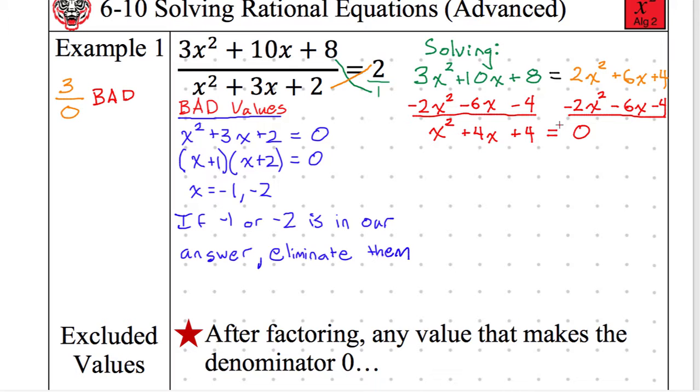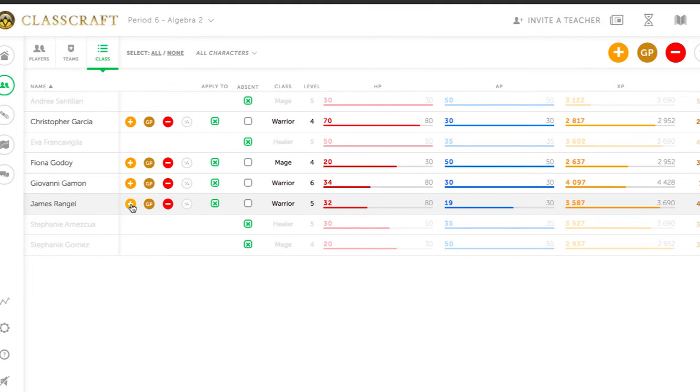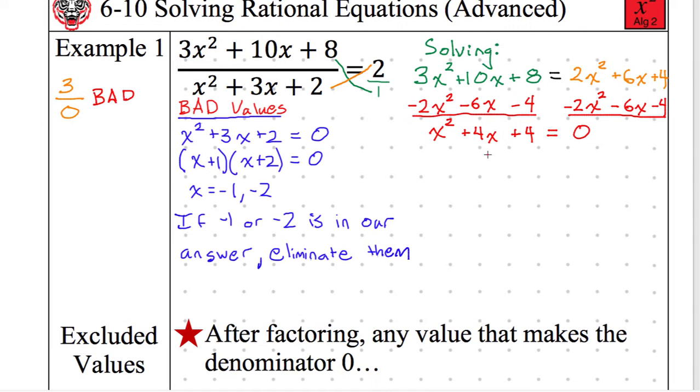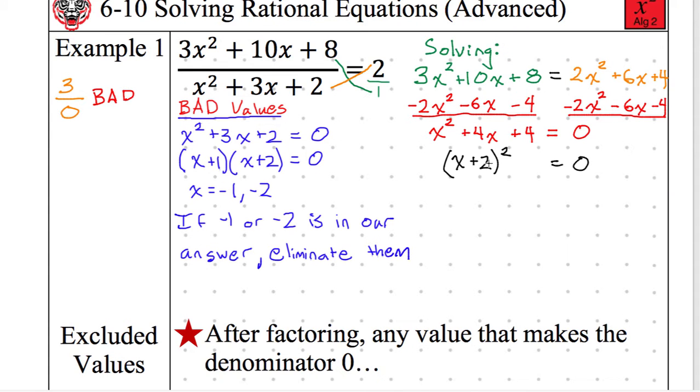All right, James did a lot of heavy lifting. All right, Fiona, you want to factor it for us in your head? There it is. X plus 2, that quantity squared. Or I could have written x plus 2 times x plus 2. Either way is fine. All right, now Fiona, you want to solve this for us? Well, right now this whole thing is being squared.